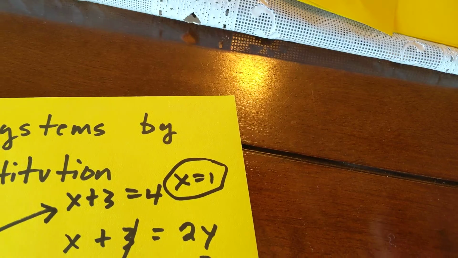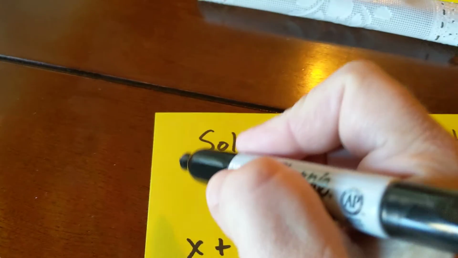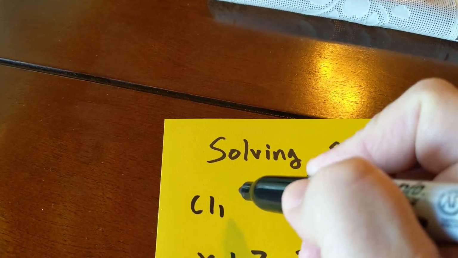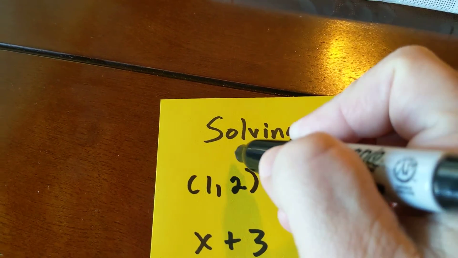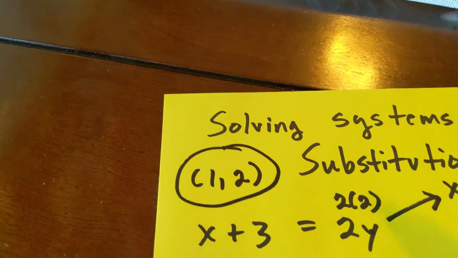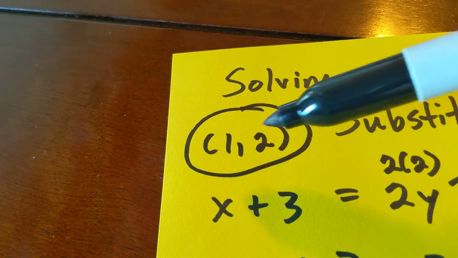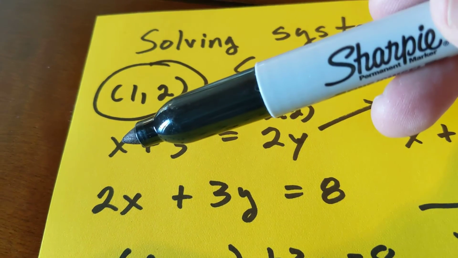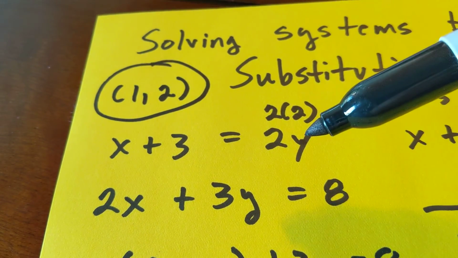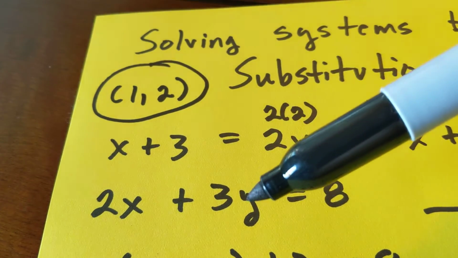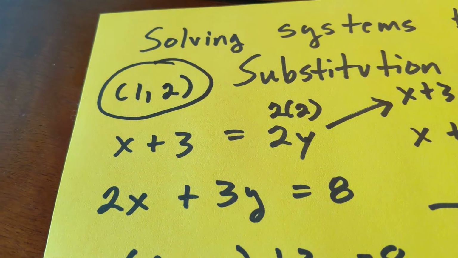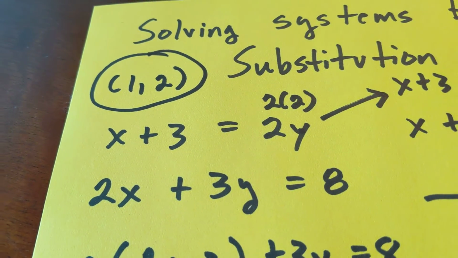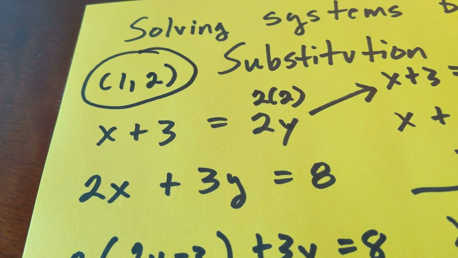So x equals 1. So what I'm saying is the ordered pair 1, 2 is the xy value that when you put it in this original statement up here, put 1 in there, put 2 in there, put 1 in there, put 2 in there, it makes both statements true. That's what it means to solve a system of linear equations.